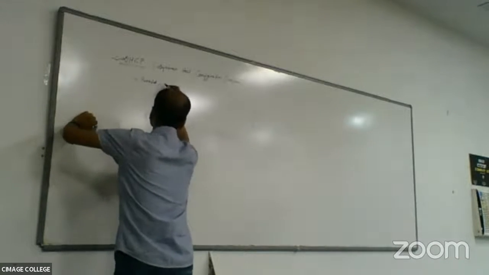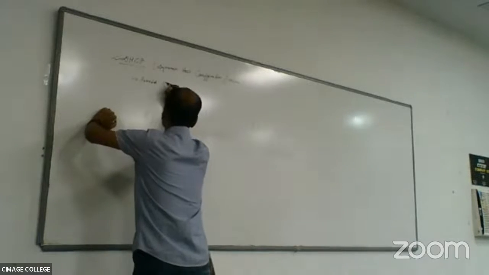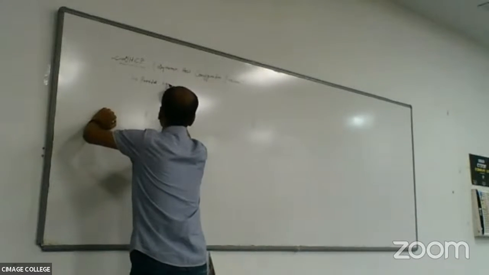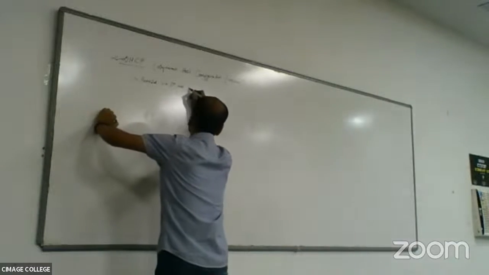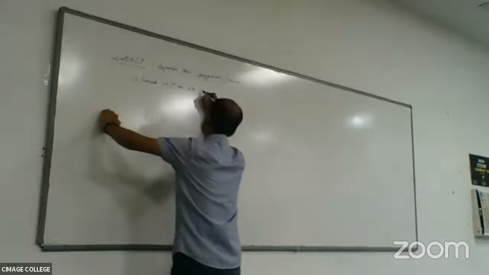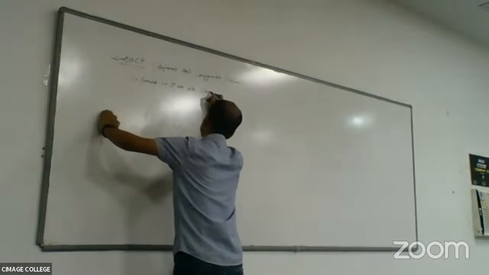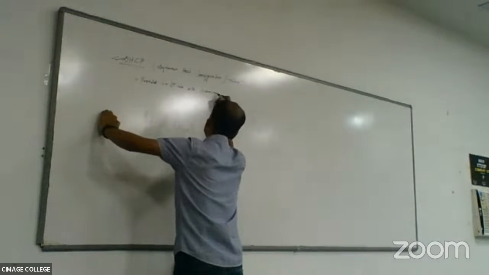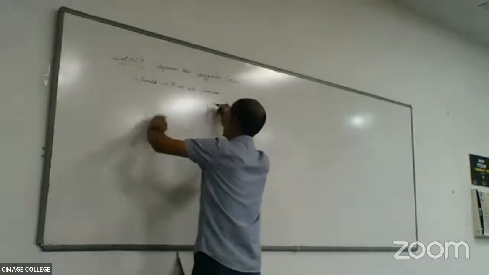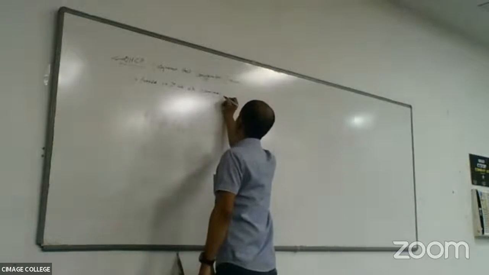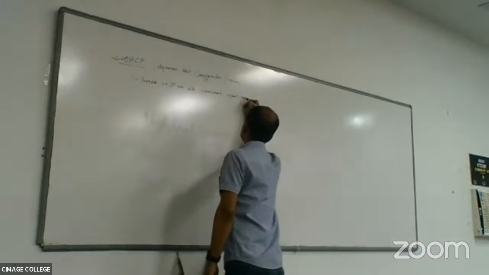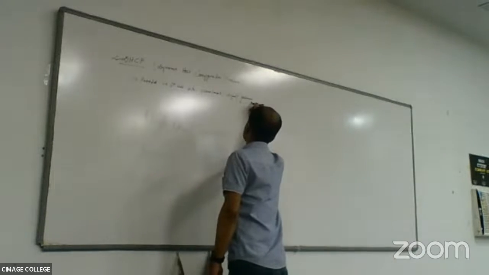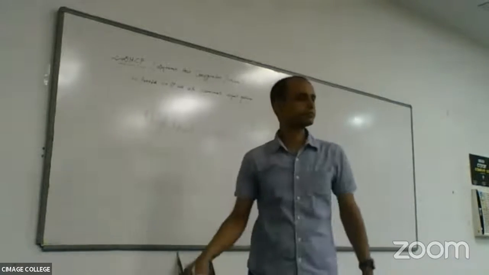Now, points about DHCP. It provides an IP address with subnet mask. Now you all understand what a subnet mask is.